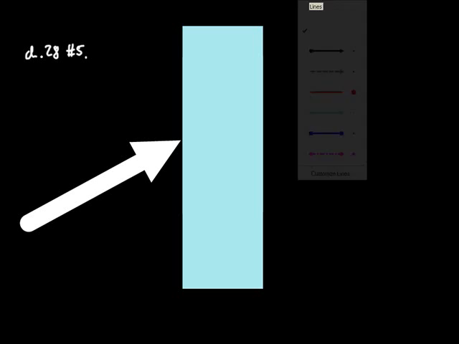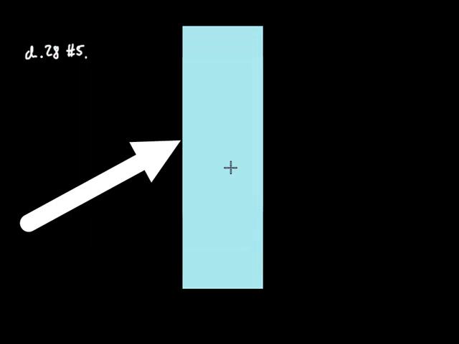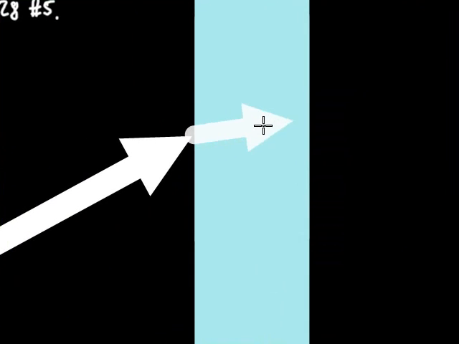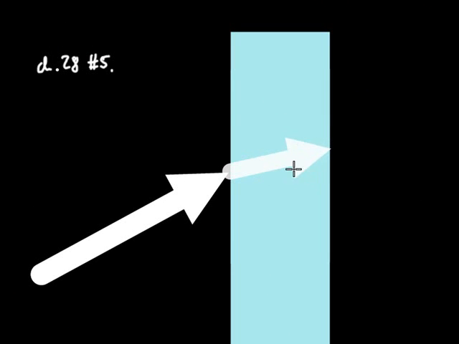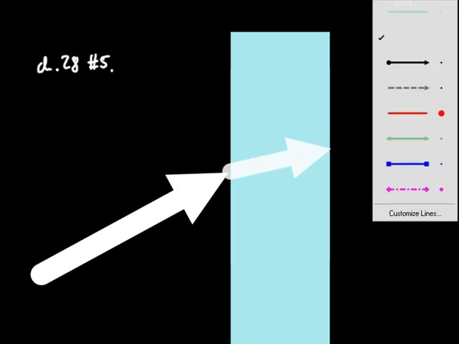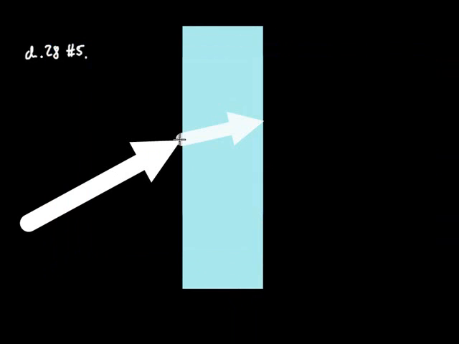Okay, so here the light strikes the glass. Part of it is reflected and part of it is refracted. So here's the refracted part. There's some angle, and then here would be the reflected part.